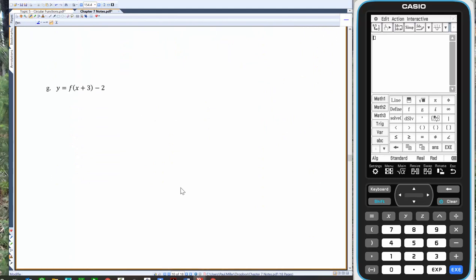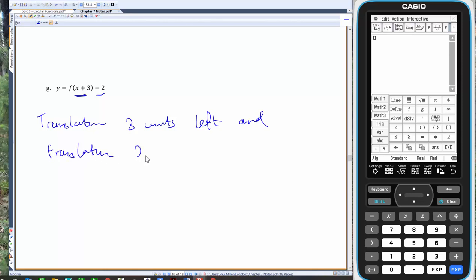This is a combined one. Okay, so again, if you're understanding what's going on here, hopefully you'll say this is a translation 3 units left and translation 2 units down. Now, how do I know?